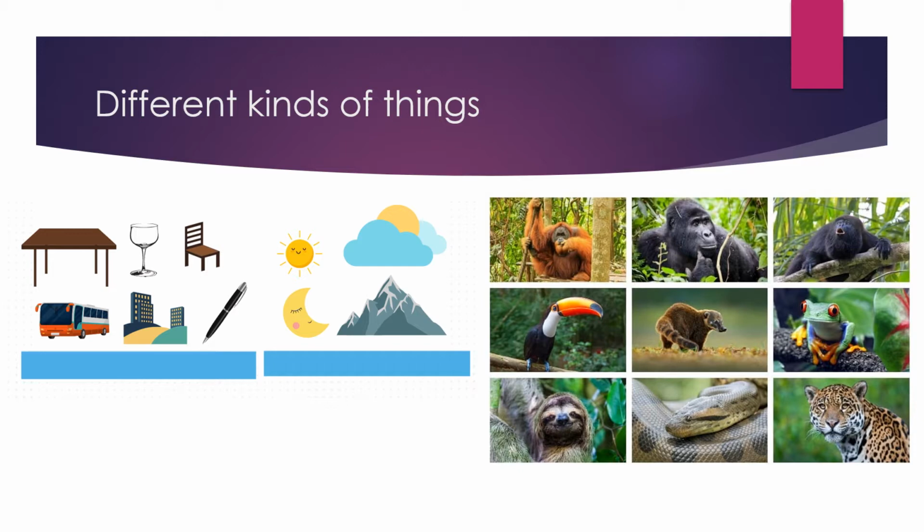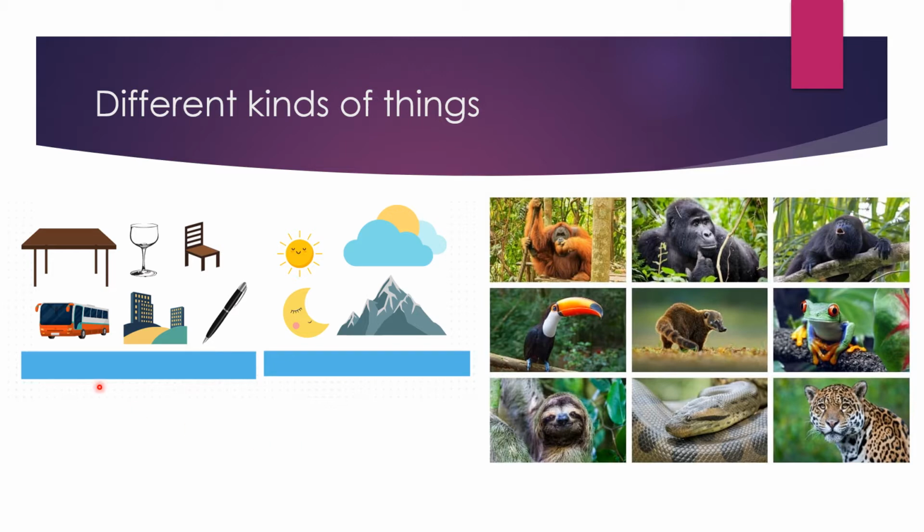Now students, see the pictures. These are the different kinds of things that are present in the environment, and there are several types of things, but they are different from each other.